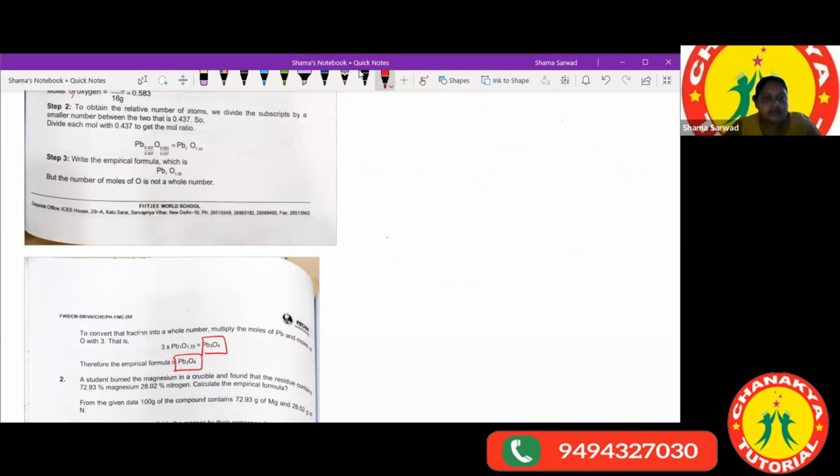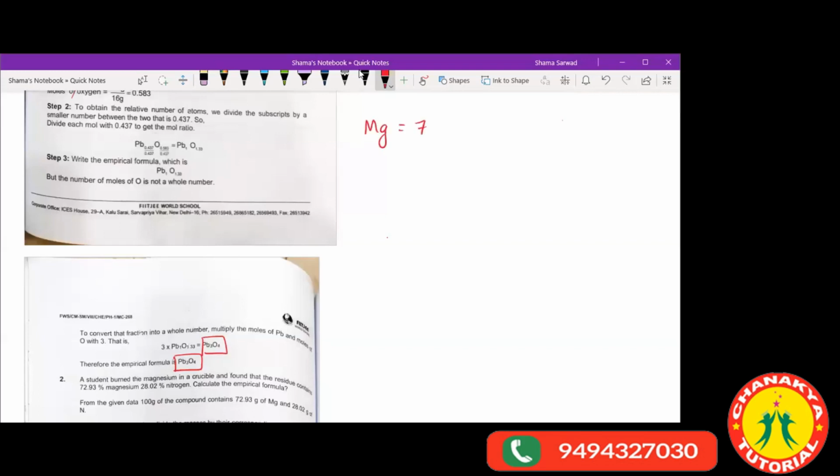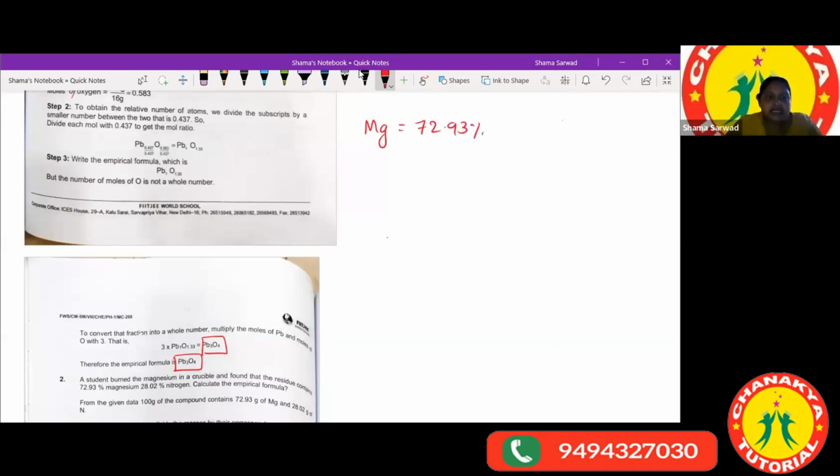Fine. They have given you what? A student burned the magnesium in a crucible and found that the residue contains 72.93% magnesium. And nitrogen would be 28.02%. Calculate the empirical formula.